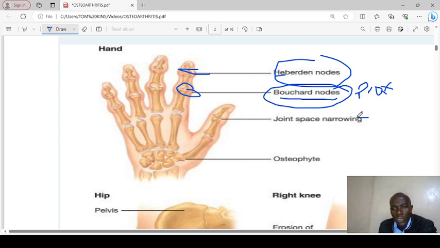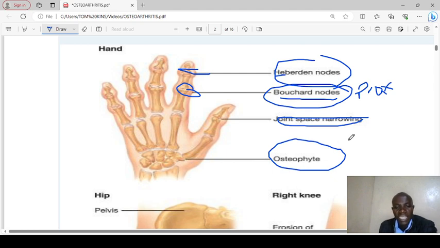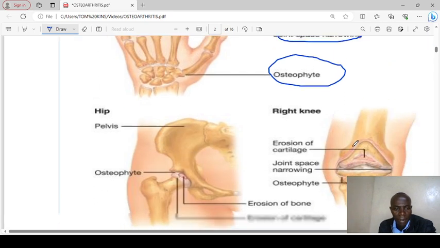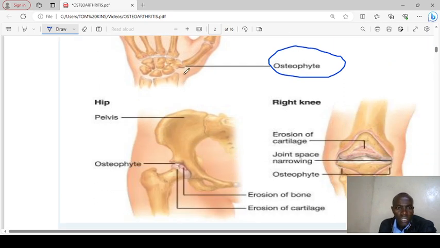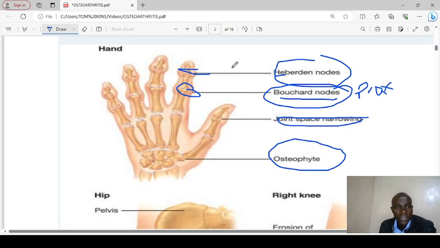Okay, so the joint space normally is narrowed as a result of more bone tissue being formed there, and this normally irritates the synovial membrane and therefore releases the cytokines that set in inflammation. So this is for the hand, okay? So osteoarthritis also can occur in the hands.